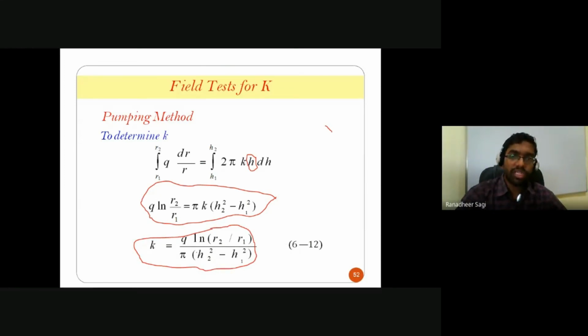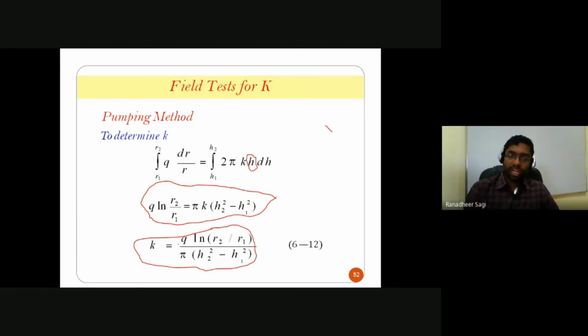If you want it in terms of logarithm base 10, you have to multiply with 2.303. So my expression for k comes out to be 2.303 into q into log r2 by r1 to the base 10, divided by pi into h2 square minus h1 square. That becomes my expression for determining the coefficient of permeability of the soil in the case of an unconfined aquifer.